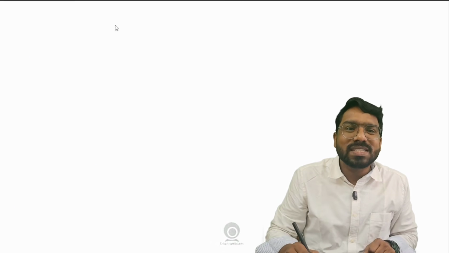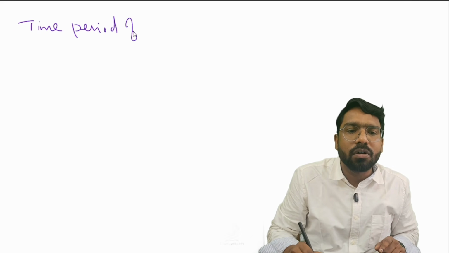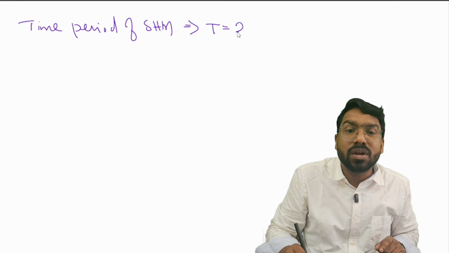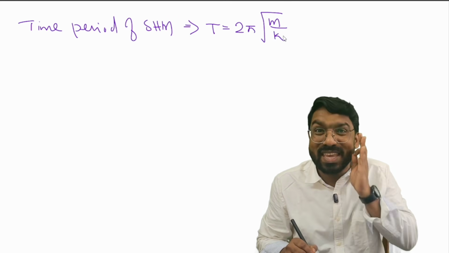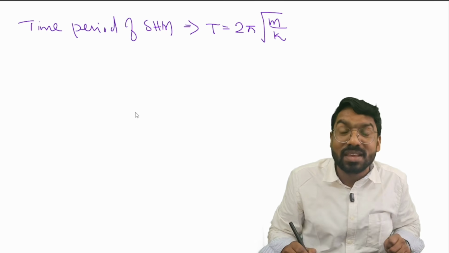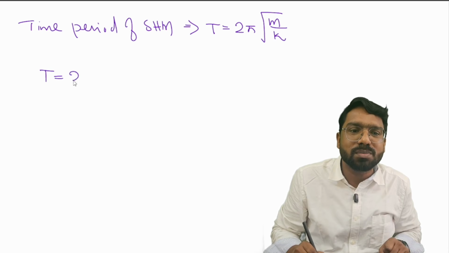Now, what is the general equation for time period of SHM? T equal to 2 pi root m by k. What is m? Inertia factor. What is k? Spring factor, the spring constant or force constant. So you substitute k there.